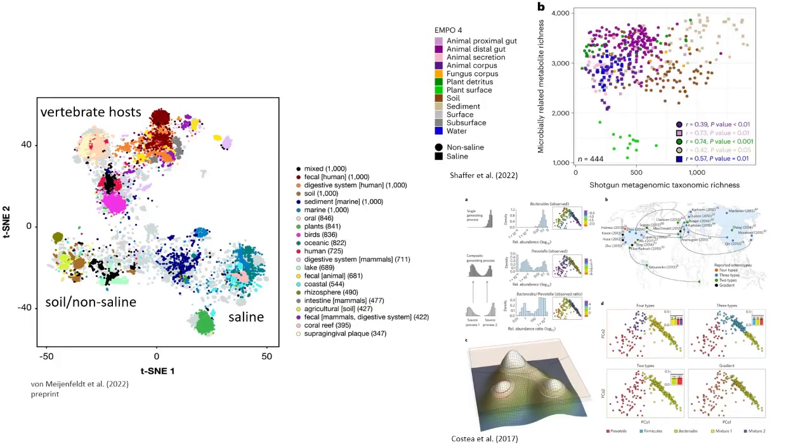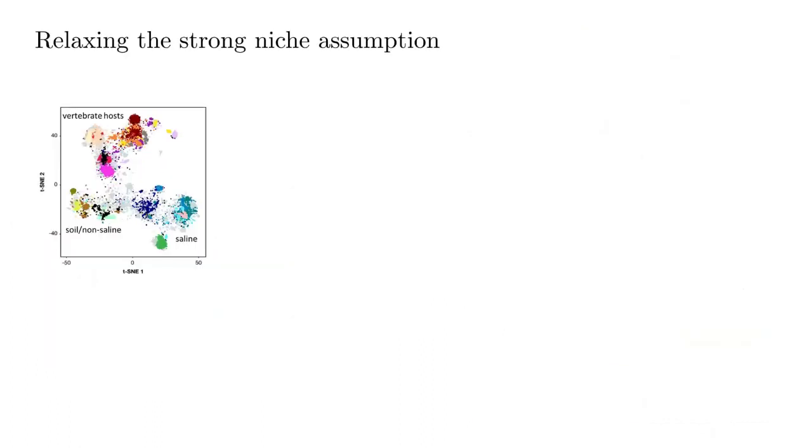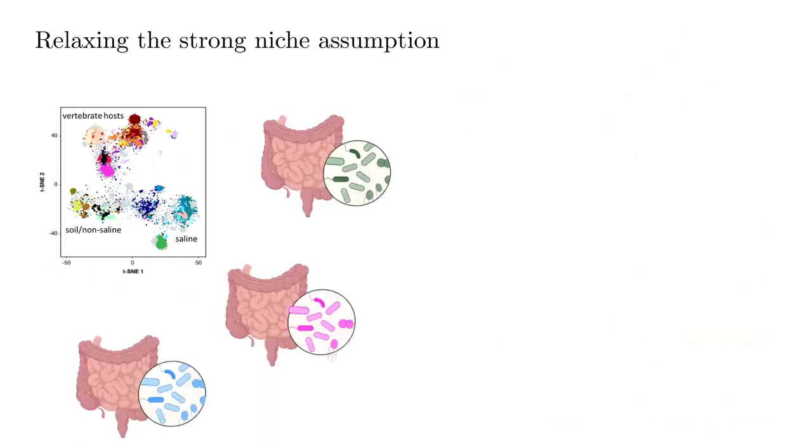But of course, everything I said until now is purely hypothetical, and you want to test it and assess it. What will happen if we relax this assumption, if we say there is no niche selection?